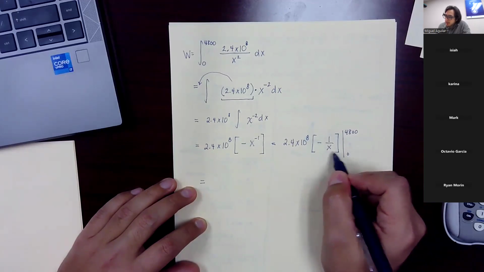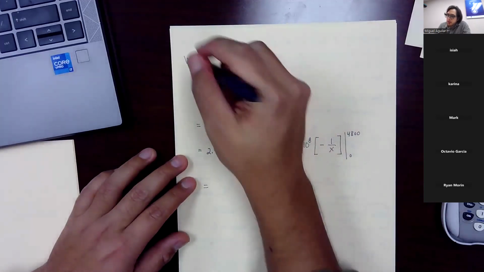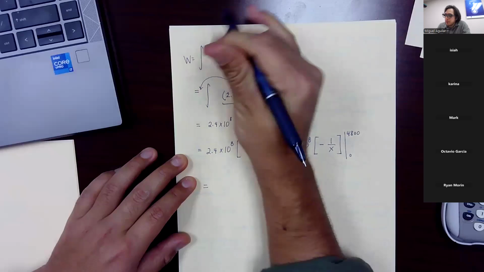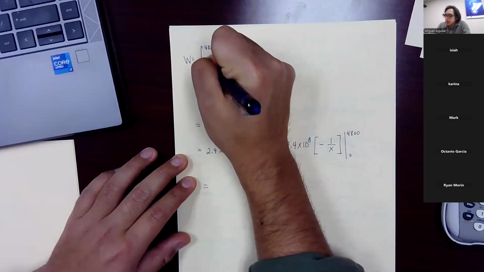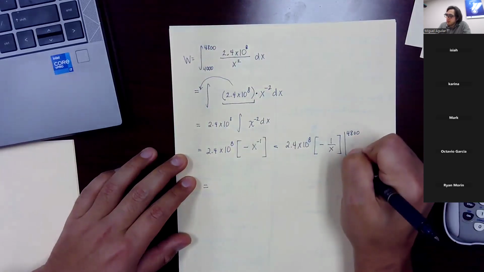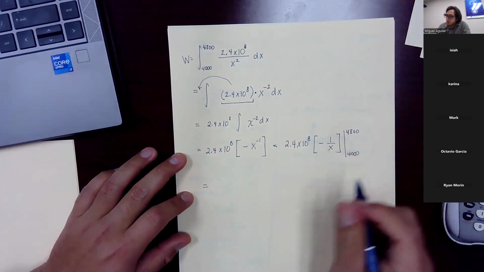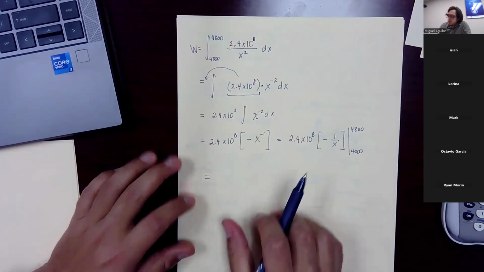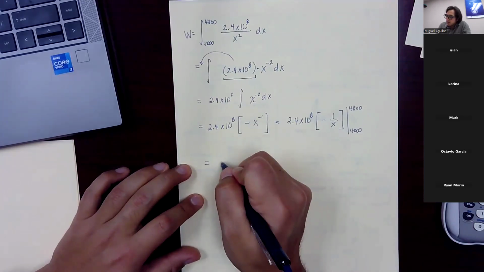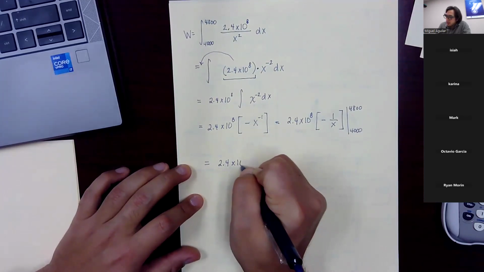So I must have messed up those limits of integration, right? We were at the surface of the Earth. Let me go ahead and back that up. Call that 4,000, because that's just not going to work, mathematically speaking. Sorry for being wishy-washy there. All right, so we're going to have 2.4 times 10 to the 8th.